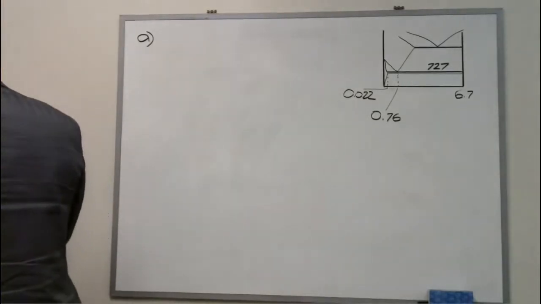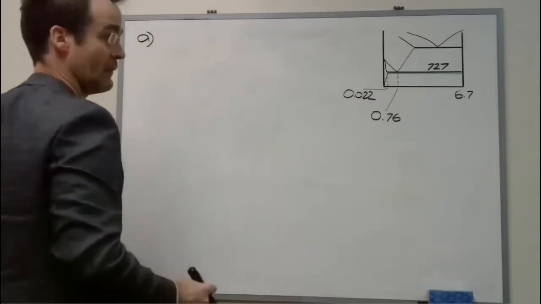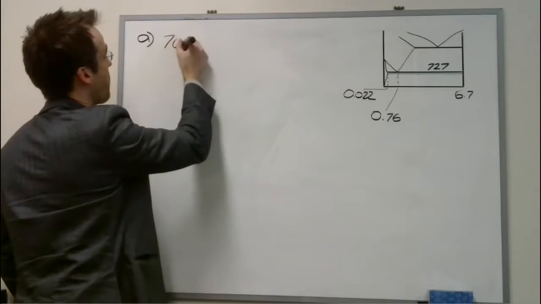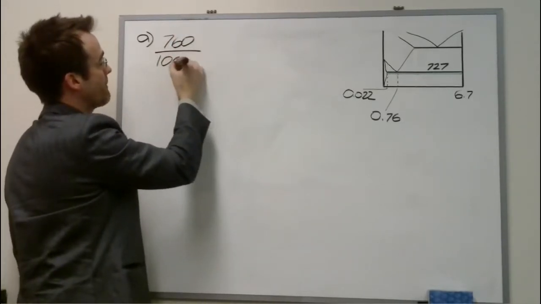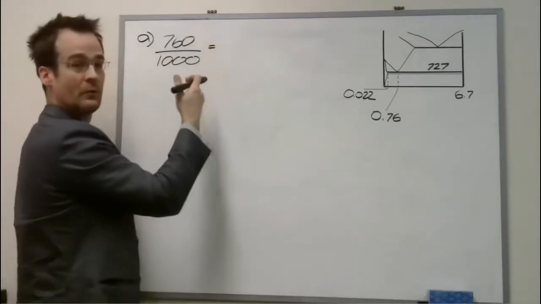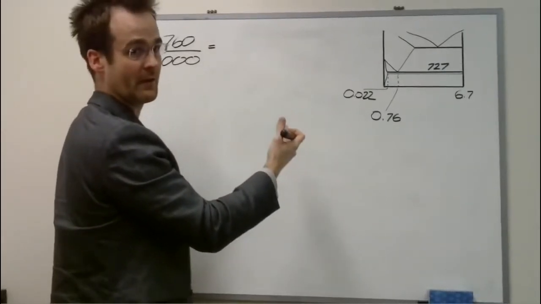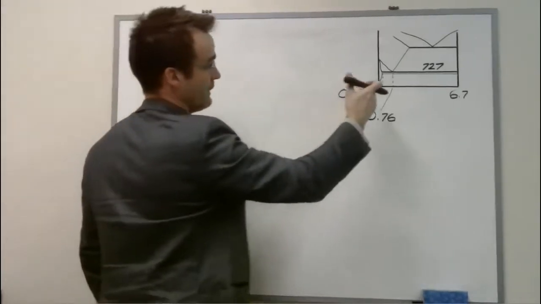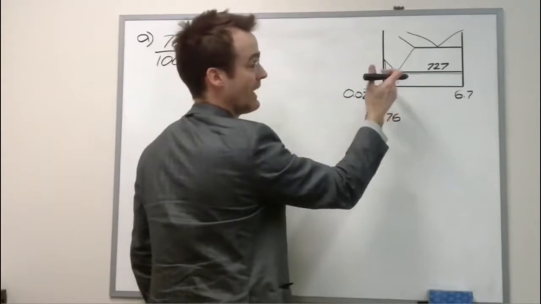Then the question tells us that there's 760 grams of ferrite out of a total 1,000 gram sample, which is actually the result of our lever rule calculation. So now we can set up on the other side of the equation the lever rule itself. We're in the two-phase, alpha plus cementite. We want to determine how much alpha there is.